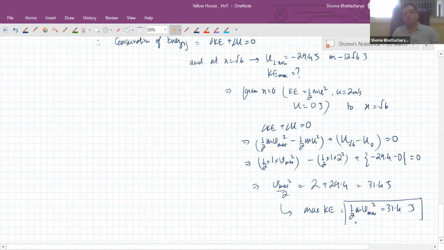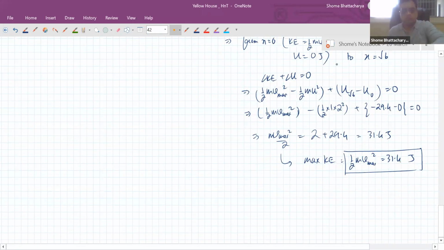In fact, we don't need to substitute the value of mass because we are just interested in calculating the maximum kinetic energy. You can just keep this as m. Here we are substituting so that we get a number.